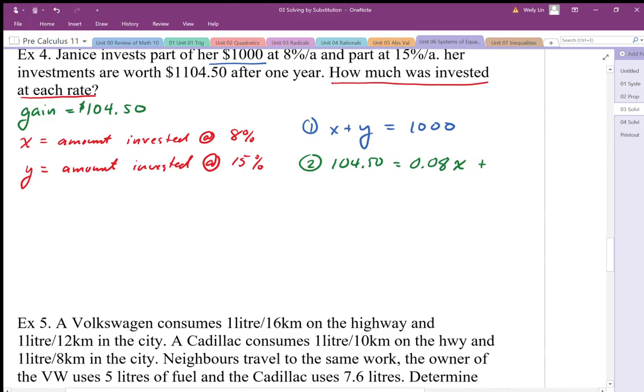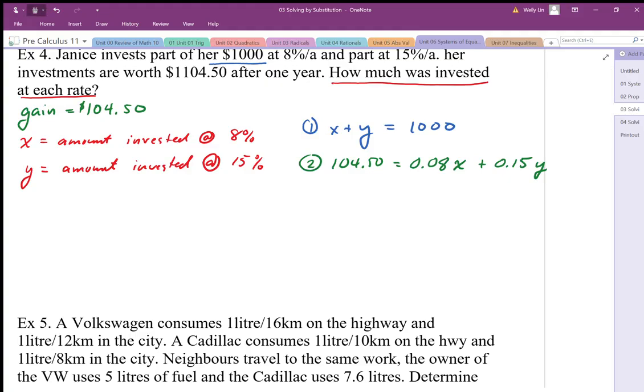The percent calculation for 15% is going to be 0.15 times the amount invested, which we defined as y.